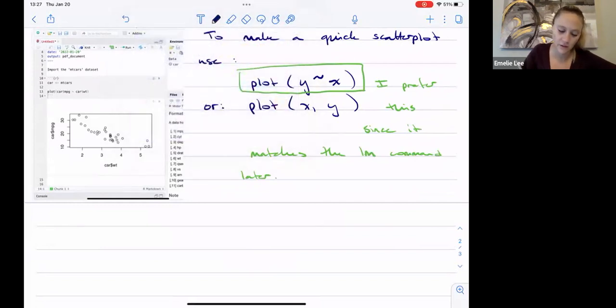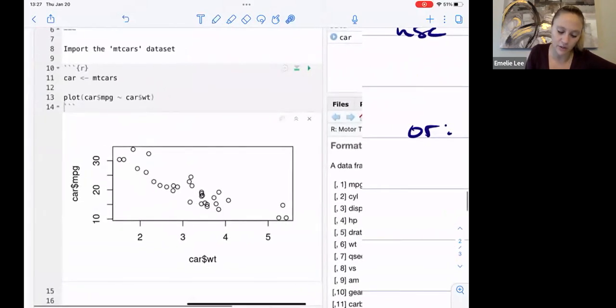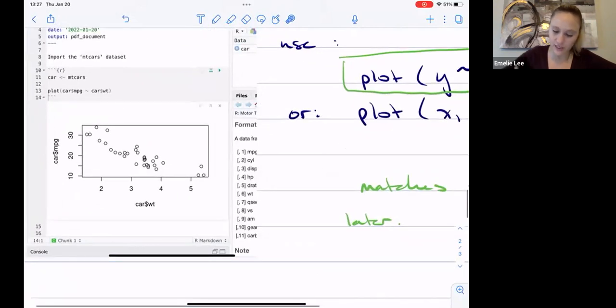Okay. I'm not going to make a note of it, but car$MPG tilde car$WT is pretty old school, but I wanted it to work. So if we look at this relationship, now we have a pretty good idea. It looks like there is a relationship here, right?